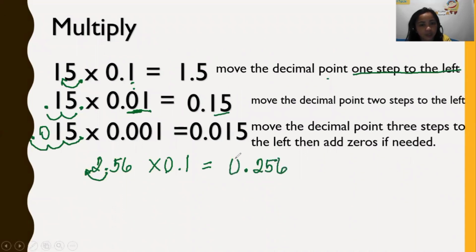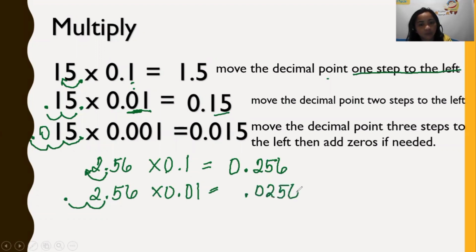Pero, kailangan mo maglagay dito ng 0. How about 2 and 5600ths times 100ths. So, we have here 2, ayun ang decimal point, 1, 2, ayun na. So, magiging 0.0256, maglalagay ka pa ng isa pang 0 dito. So, 2 places, 1, 2.